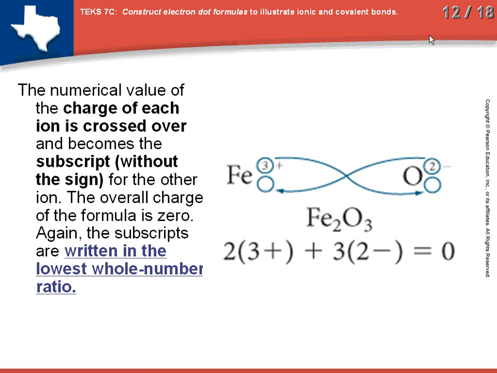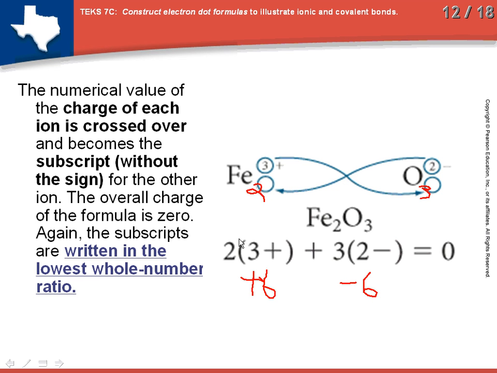For example, iron 3, which has a charge of +3, and oxygen, which has a charge of -2. Instead of sitting here and going, okay, I need to make the ionic bond equal 0, so it takes 2 irons to give me a total charge of +6, and 3 oxygens to give me a total charge of -6, so it evens out.